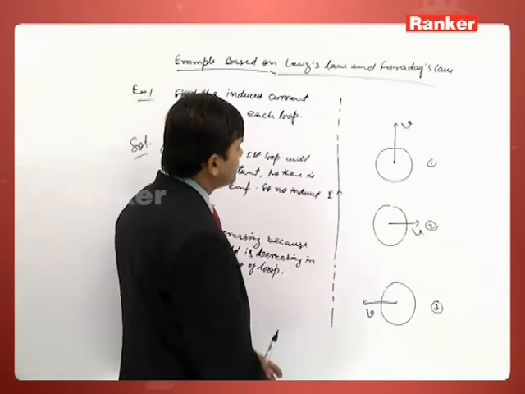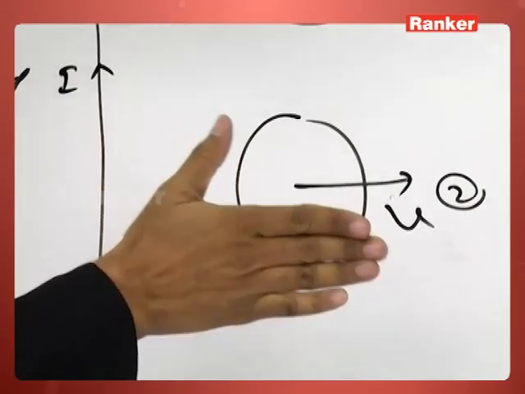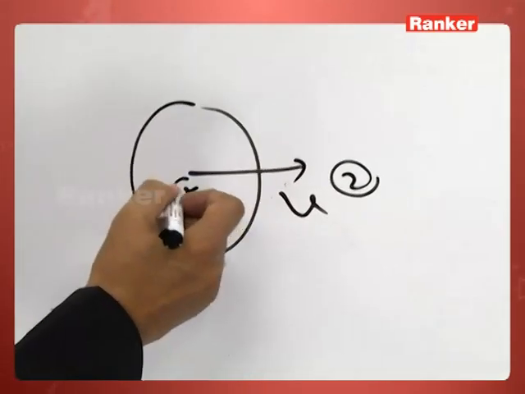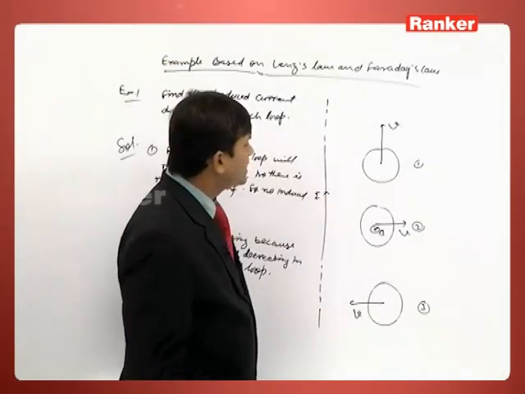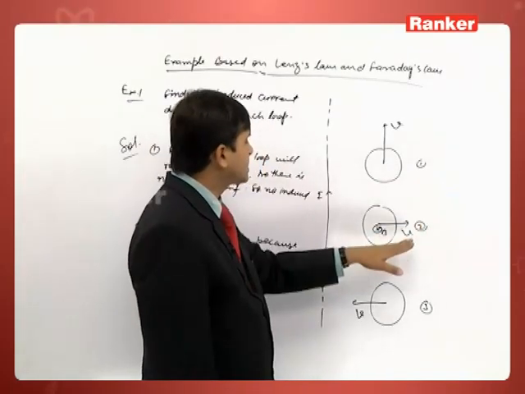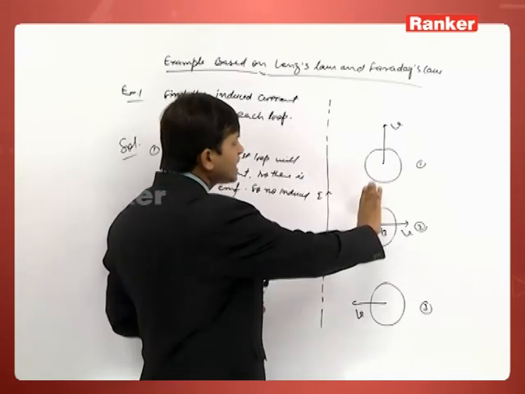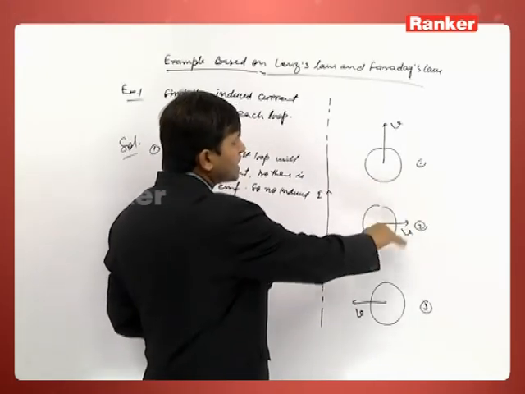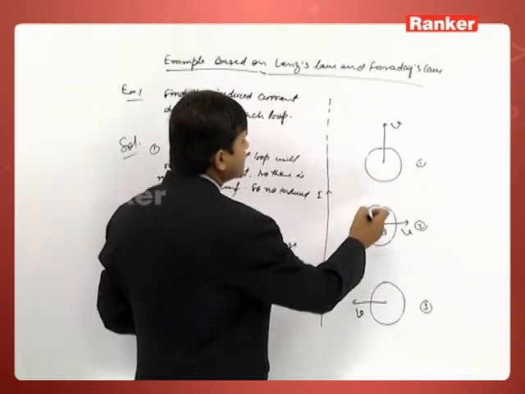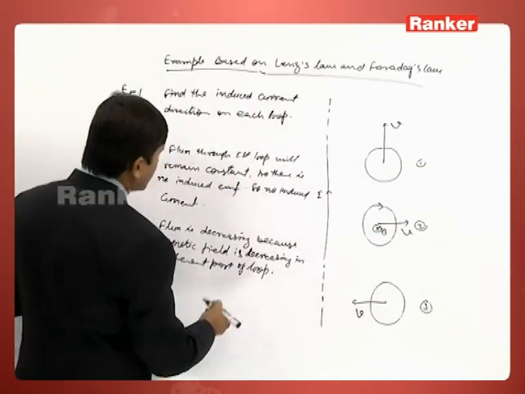What is the direction of the magnetic field? Due to this current carrying conductor, the direction of the magnetic field is inward. As the loop moves away, the inward field is decreasing. So to increase the inward field, a clockwise current is required. So the induced current will be clockwise.